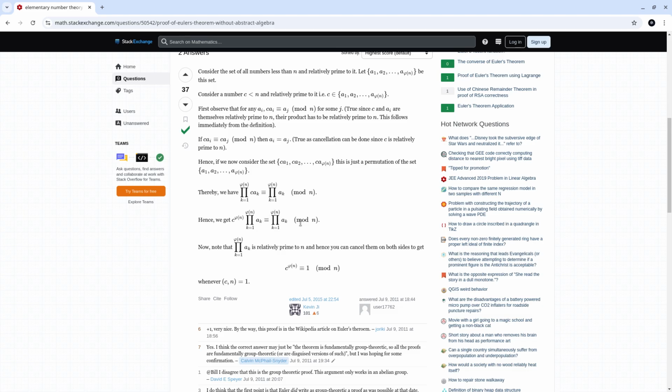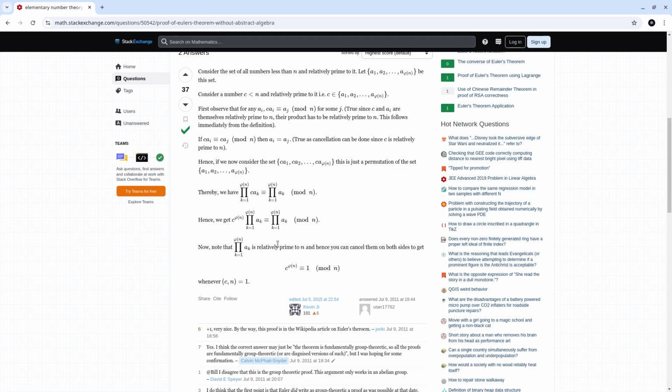Now, what I was explaining to you earlier with this a sub I is equal to a sub j thing, this is where it comes into play. So note that this is relatively prime to n, so you can cancel them out. This value here is relatively prime to n. It has to be relatively prime to n because it's inside of the set of phi of n.